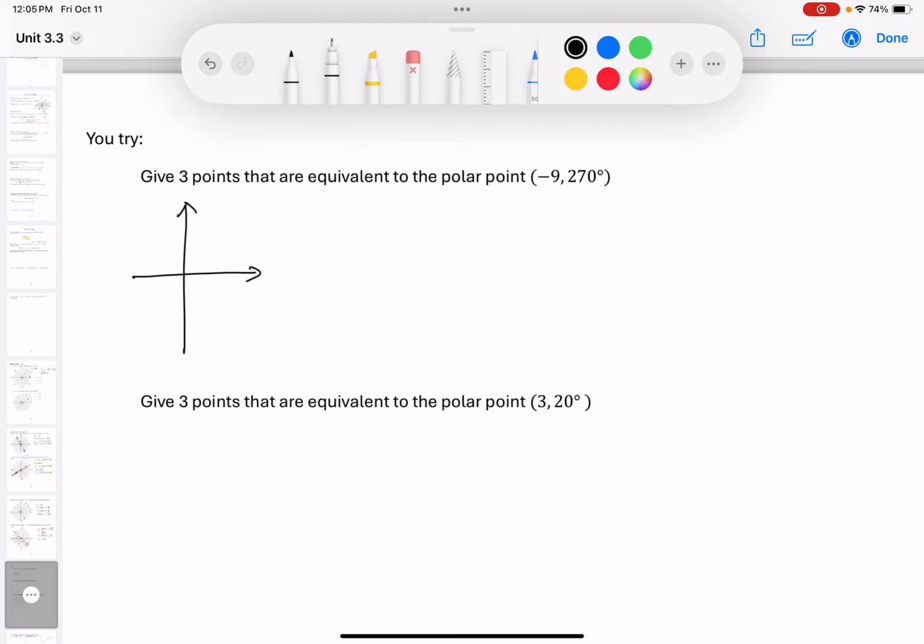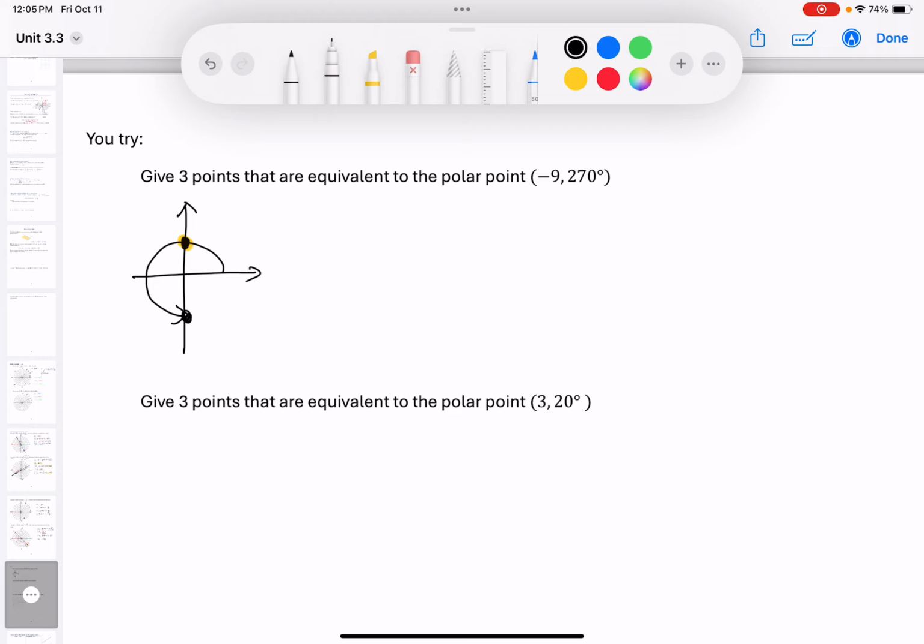So 270, that means I'm rotating this way, and the radius is -9. I'm not picking this point, I'm picking a point here. It's the opposite direction. So I can tell that the point here is the actual point we are looking for.